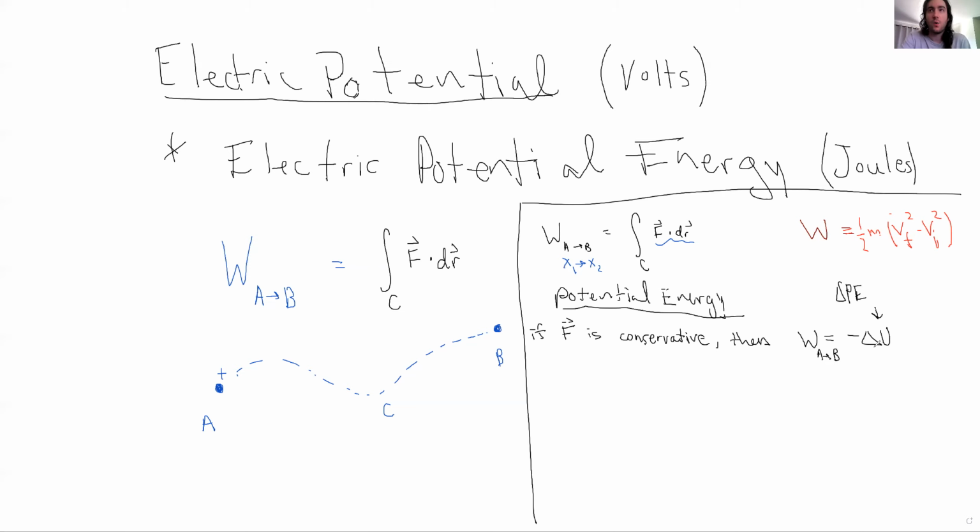What this quantity is, is energy based on your position. Kinetic energy here is energy based on your motion, right? It depends on velocity. But what you'll see is that potential energy always depends on position.